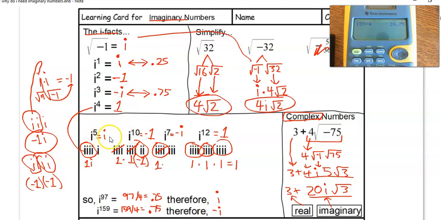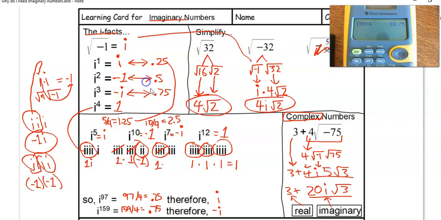Okay, so in each one of these where I was showing it visually, I could have taken the 5 divided by 4. The calculator would say 1.25. Therefore, I would know it was just i. 10 divided by 4 comes out to 2.5. The 0.5 that is left over is associated with i squared.